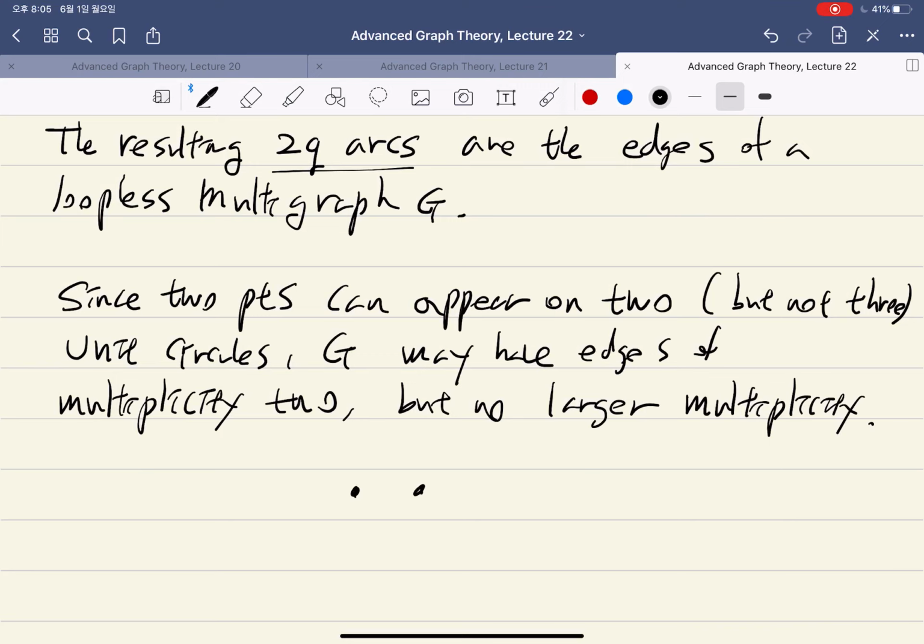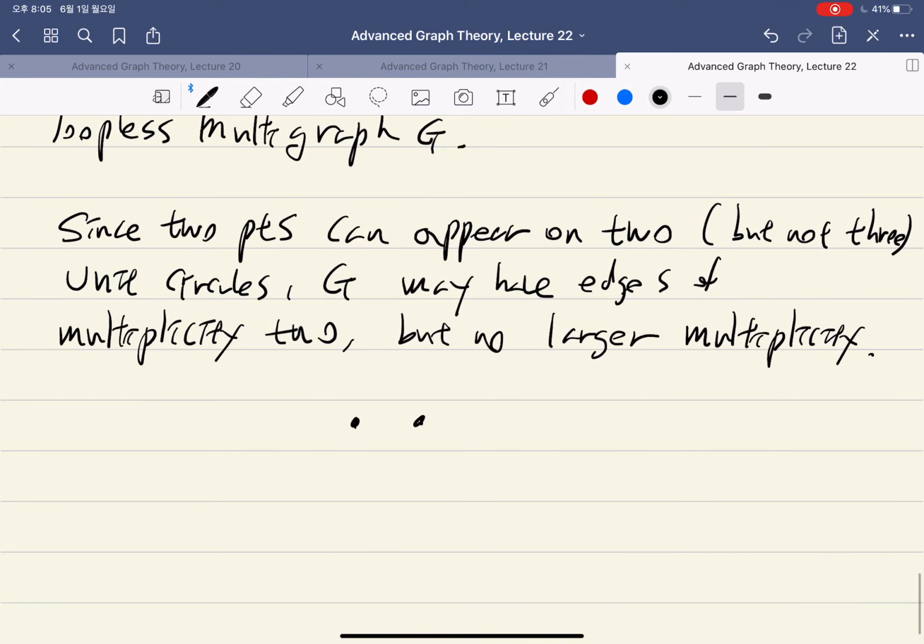Meaning that if you have 2 vertices, then the unit circle passing through both of them is either this or this.